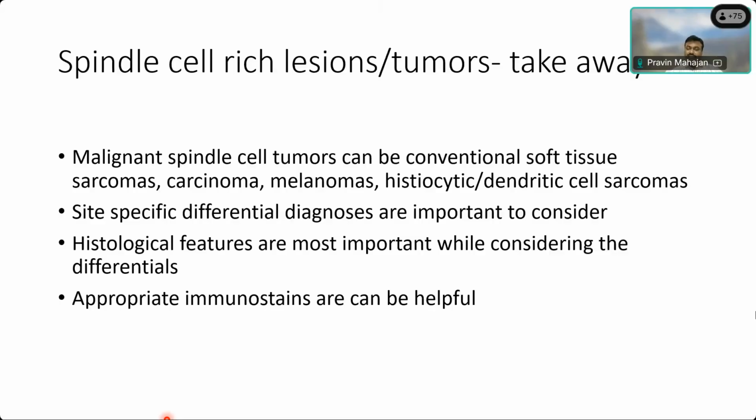Similarly, as I showed you with the examples, carcinomas which by and large have epithelioid morphology can at some sites have a spindle cell morphology resembling sarcomas, but they are still carcinomas. So again, histology is important, and judicious use of IHC is very, very important.